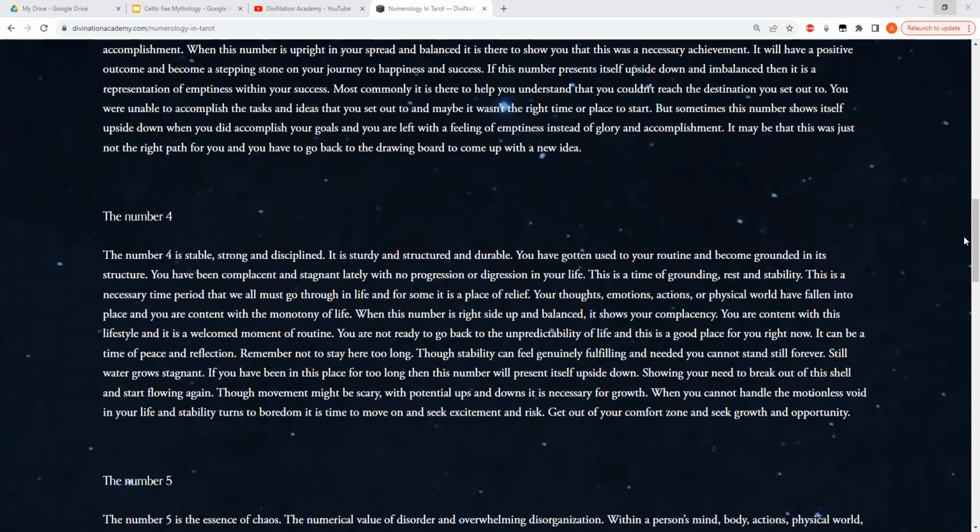I can definitely see that, especially if they were to get just the 4, or even something like 444. I could definitely see somebody who might be autistic. Or they might be content.